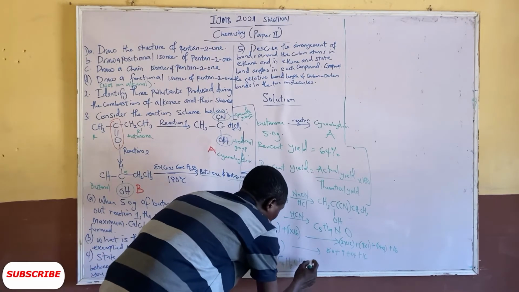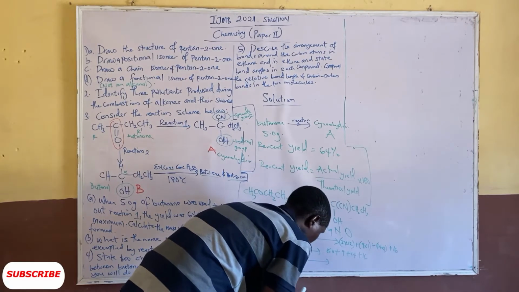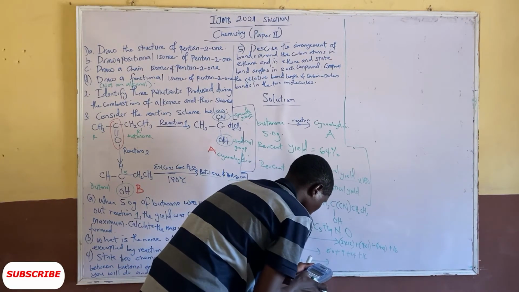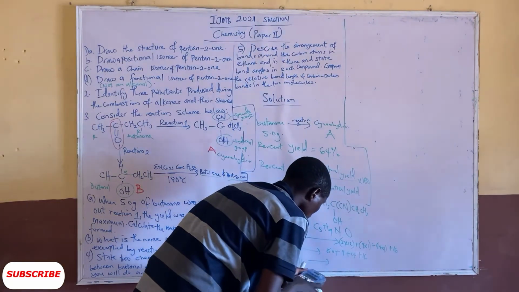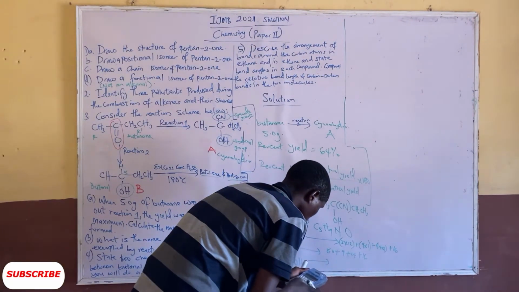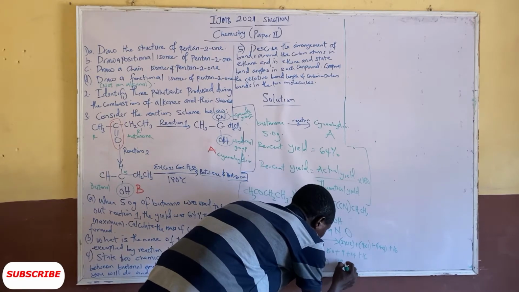Now let's add the other one together: 60 plus 9 plus 14 plus 16, we have 99 grams.